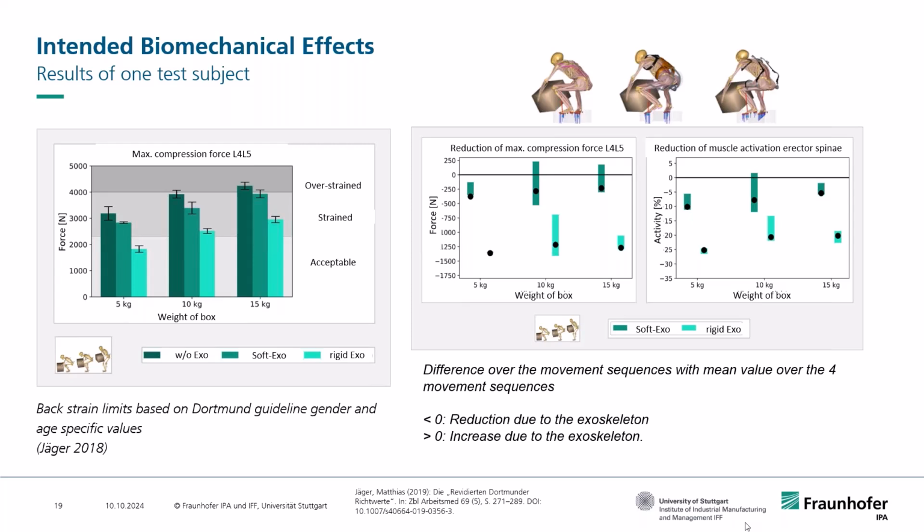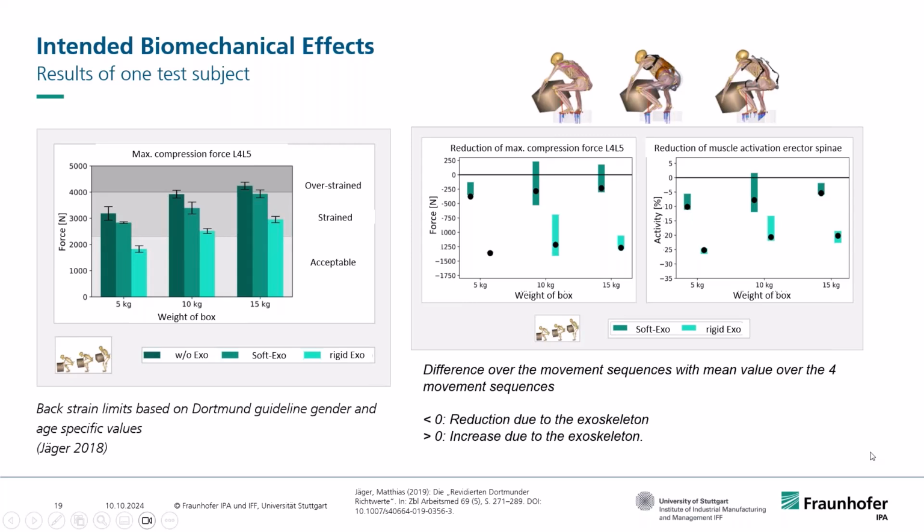And we outline different evaluation areas based on recommended stress limits from the Dortmund guideline, with gender and age-specific values. So here you see the leveling based on the applied and modeled test subject.